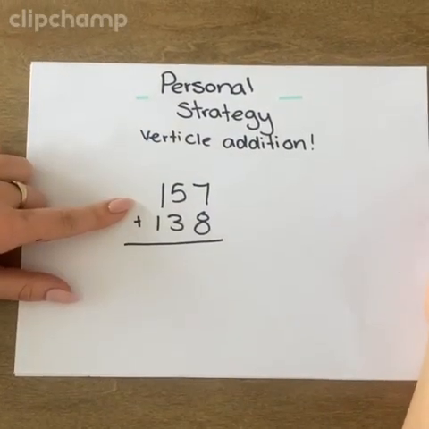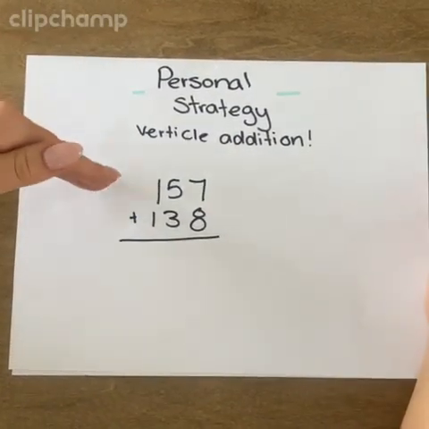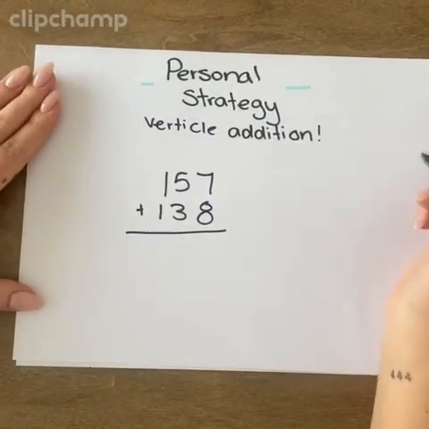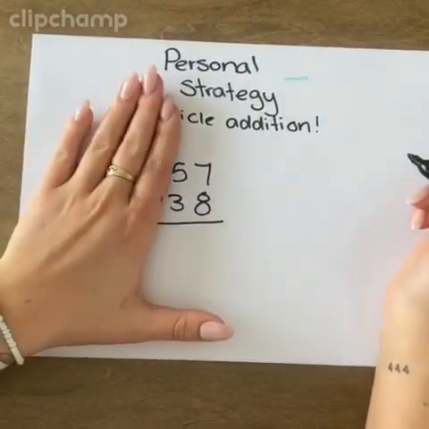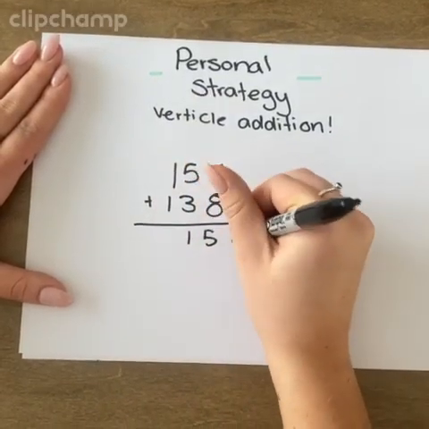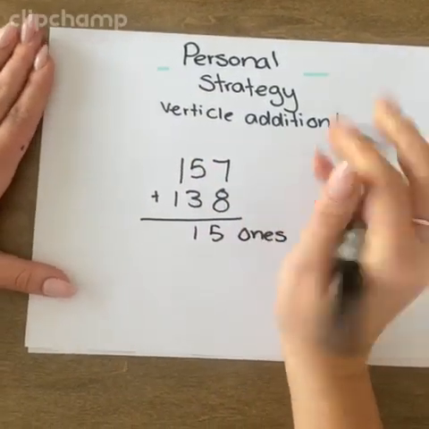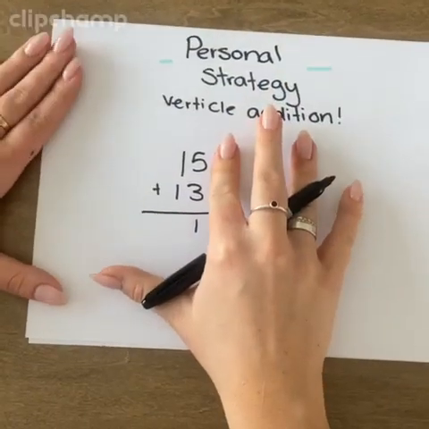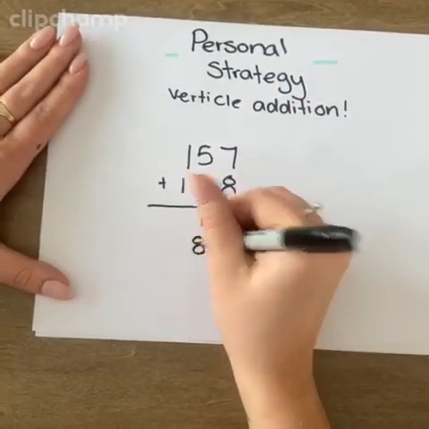So I have my numbers laid out with 157 over top of 138. So we are first going to start with our ones. So we have 15 ones. So I'm going to write 15 ones. Now moving on to our tens, we have 8 tens.